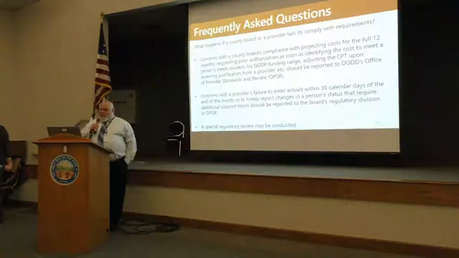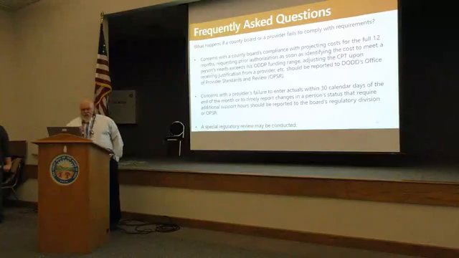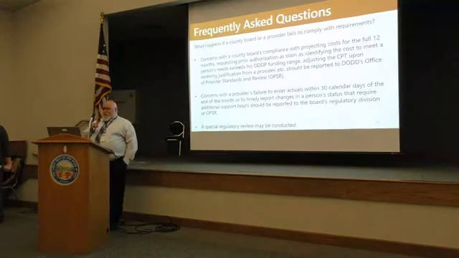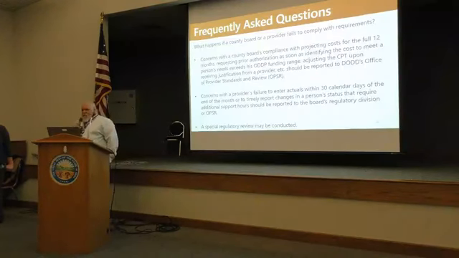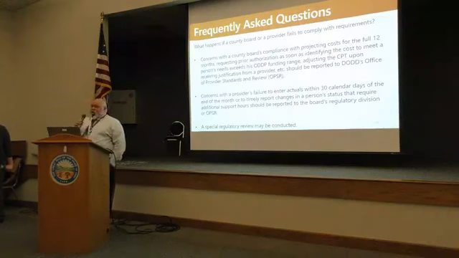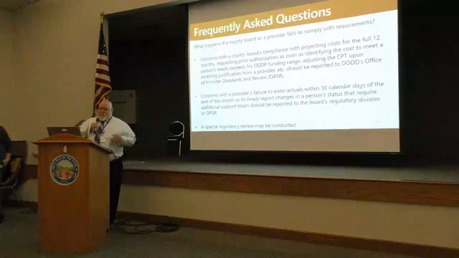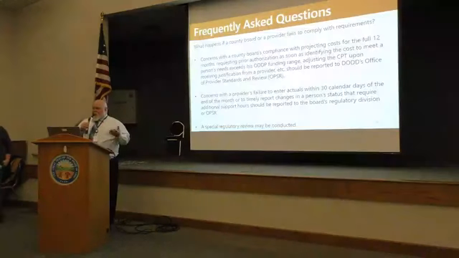Concerns with a provider's failure to enter actuals within 30 calendar days of the end of the month, or to report in a timely manner, or to timely report changes in a person's status that require additional support hours, should be reported to the board's regulatory division or the Office of Provider Standards and Review.